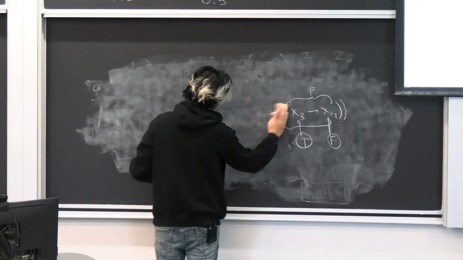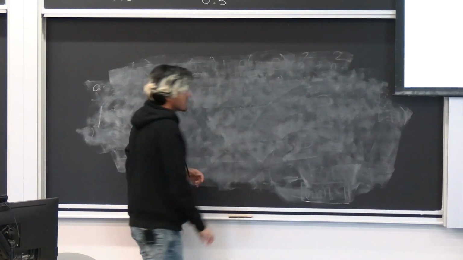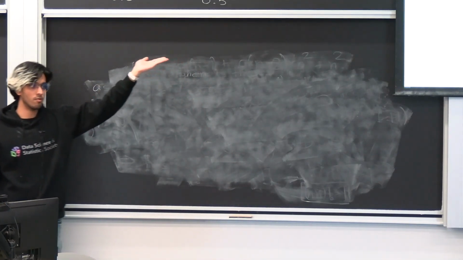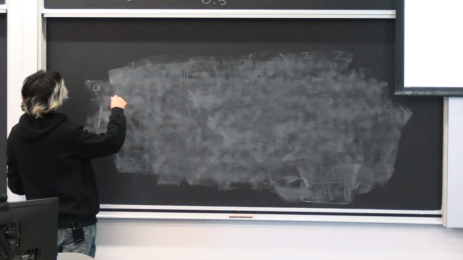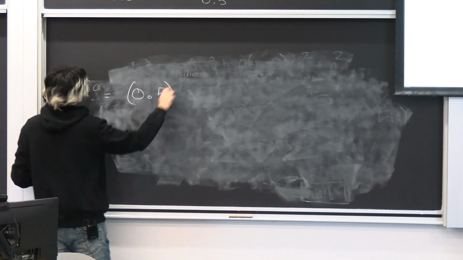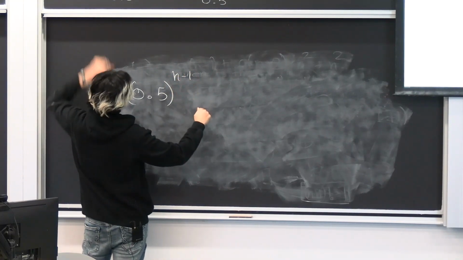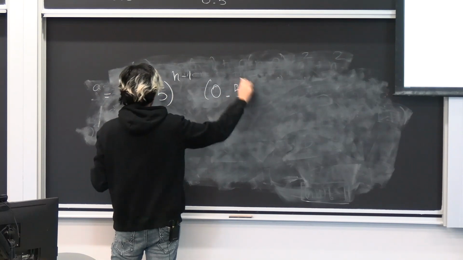So, where are we? We're currently finding the probability that the statement is false. And it turns out that the statement is false with probability 0.5 to the power n minus 1, because we're multiplying it n minus 1 times, and again multiplying it by 0.5.